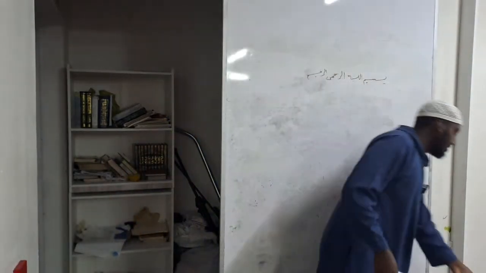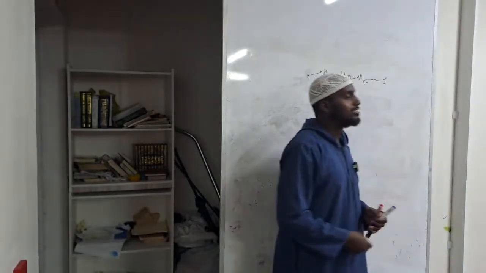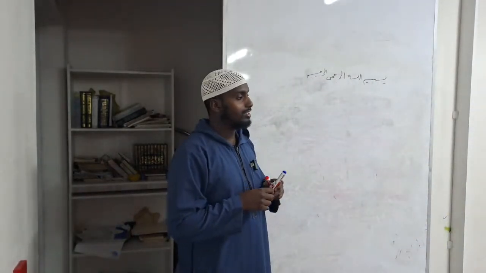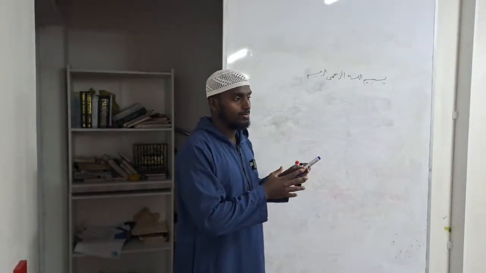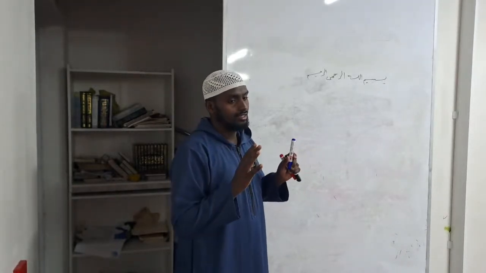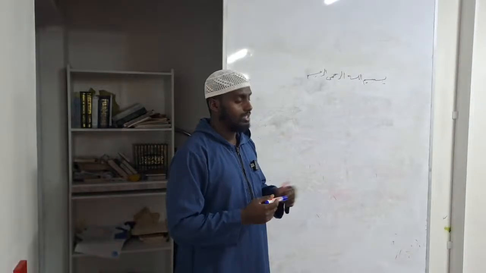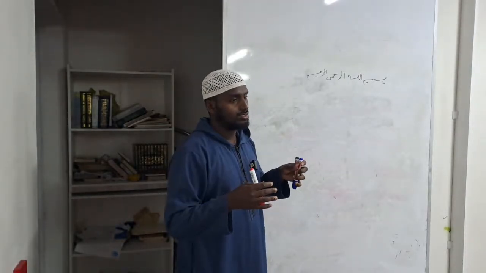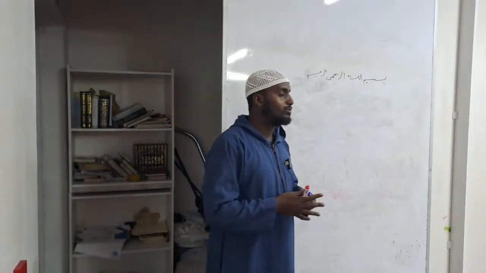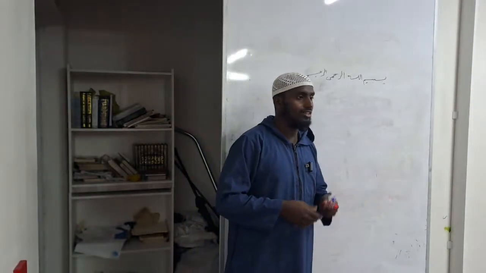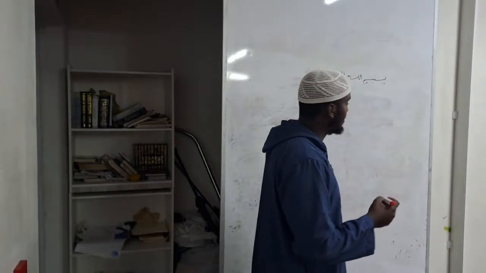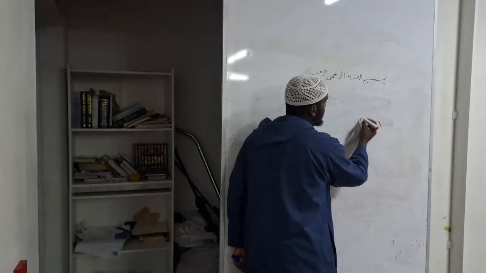Another thing is, there are signs with which we know if something is an ism or fi'l or harf. Physical signs. So a word maybe can accept certain things physically, then we know it is an ism or fi'l or harf. Just to mention some of those signs, it's not in the book, but these signs are clear. So when we see in the book, I know exactly that's an ism, that's a harf. From the signs that ism can accept is the alif and the lam in the beginning.